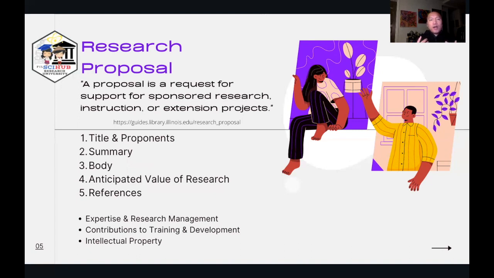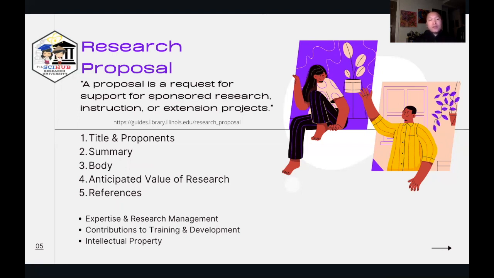And these are the first five concepts that I will be discussing in greater detail in the succeeding slide. So the first of which, a proposal should have a title and a list of proponents. A proposal should have a summary or an abstract. There's the body of the proposal, which is composed of a bunch of different subsections, and later po natin yan i-discuss.